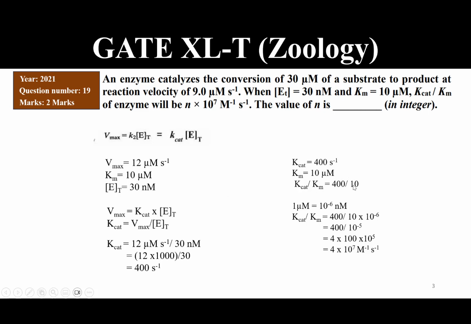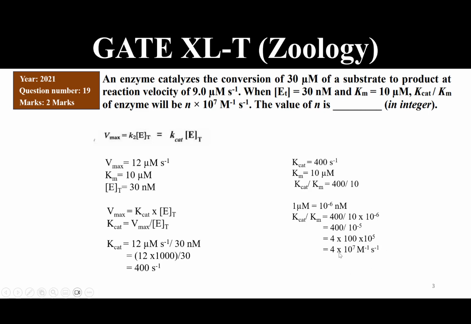So here also when we were solving with Kcat and Km, our Km was in micromole first, so we converted the micromole to nanomole first to come to the uniform standard of nanomole. And then because our answer in the question is given as N into 10 to the power 7 molar, we converted the nanomole further into molarity, the molar unit, by multiplying it by 10 to the power 5.